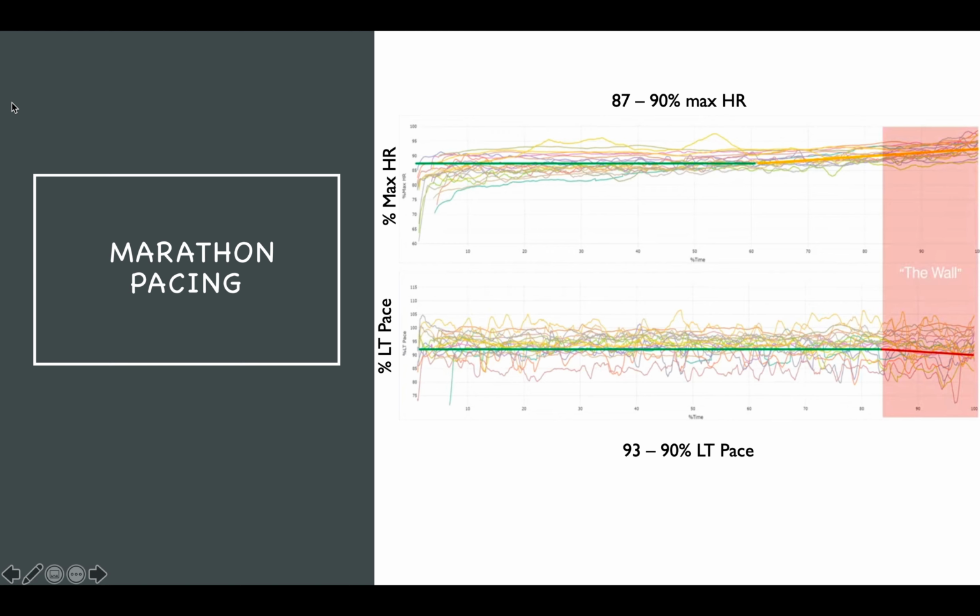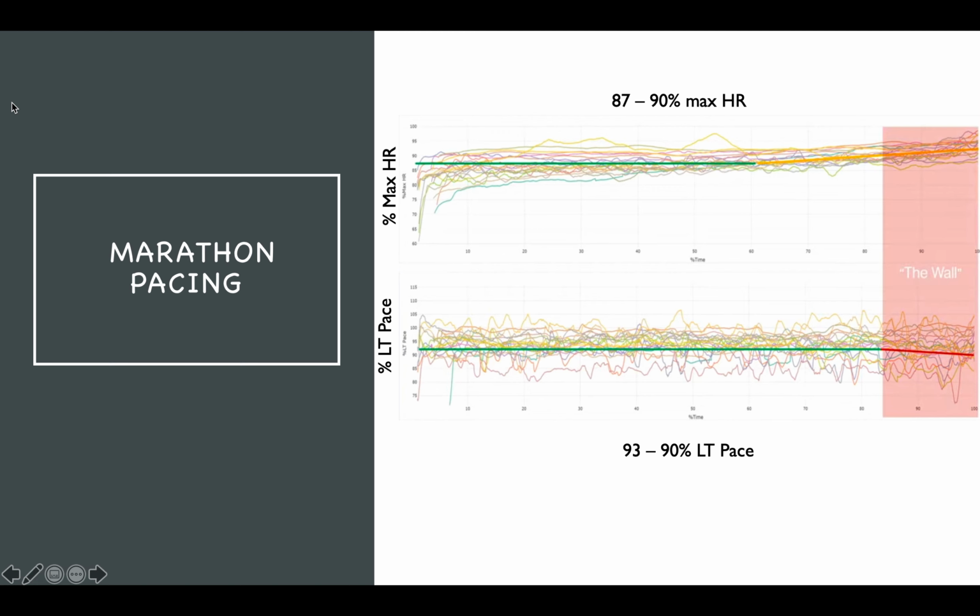So if your best 10K time is 40 minutes or slower, a best 10K race time, your pace for that race would be a pretty good predictor of what your lactate threshold pace is. If your 10K race time is faster than 40 minutes, then you should rather take your pace for a best 15K race, and that's a better predictor of your lactate threshold pace.